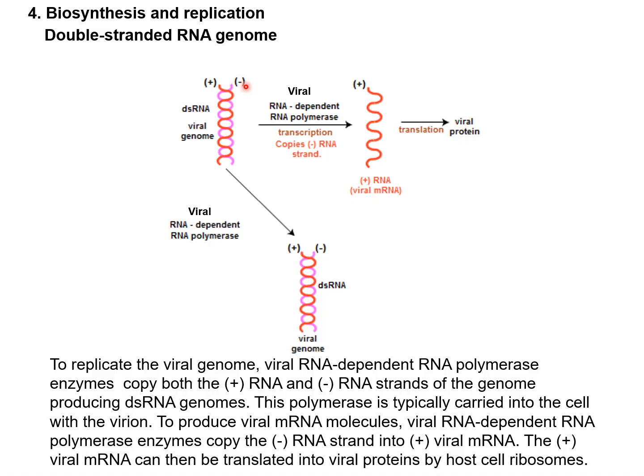The viral RNA polymerase will use the negative sense one to make the messenger RNA template, and that can be read by the host ribosomes to make the viral protein. At the same time, the viral RNA polymerase can be used to replicate the genome of the virus, and so we have reformed the genome of the virus. Again, something to bear in mind is that we are using the viral RNA polymerase.